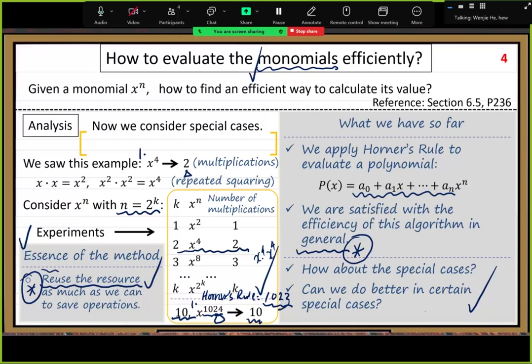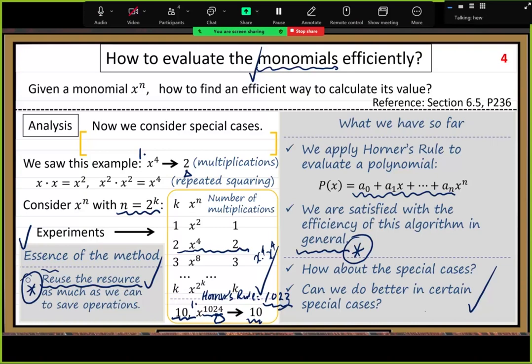That's our main goal. And how to make it? The basic idea is to minimize the resource used.